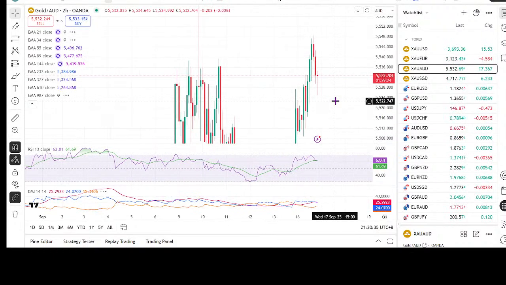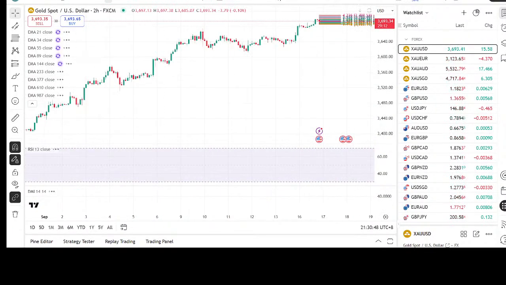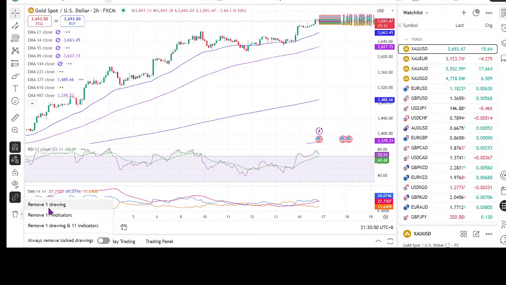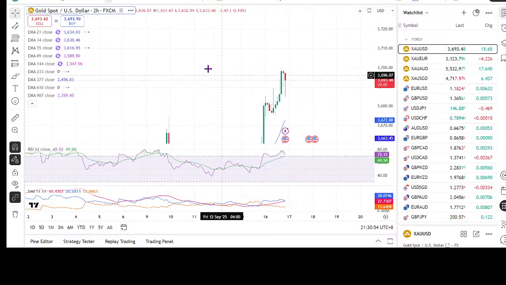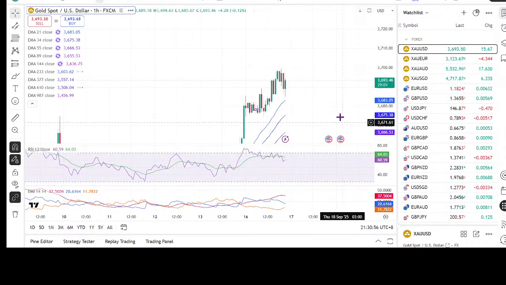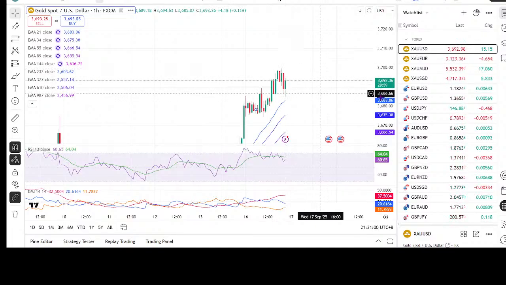So if you see here, we have another 30 more minutes, and if this is the low, we should see the high testing. Oh, sorry. Let me look at the gold. Okay, so now we are looking at the hourly.